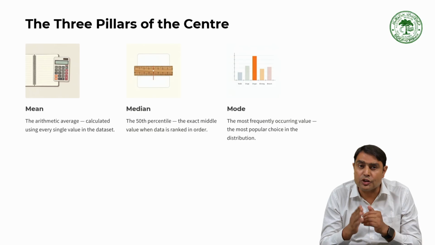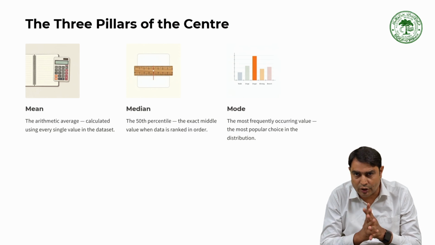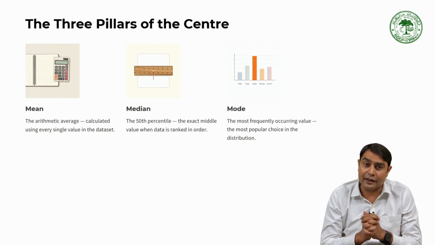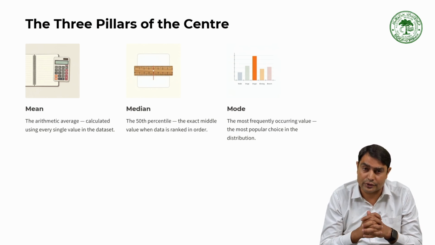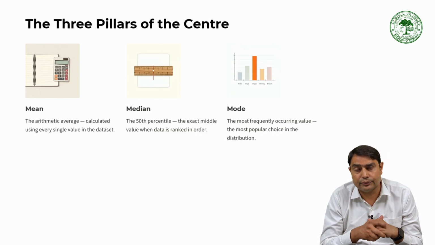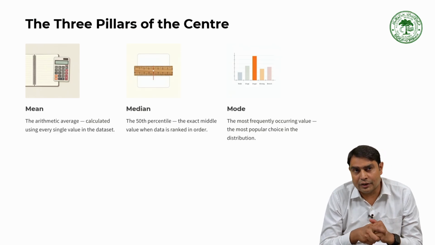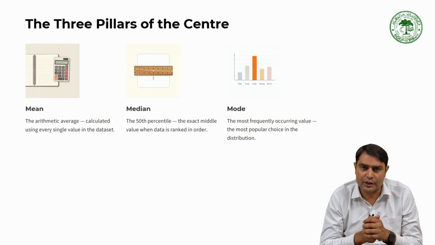The median is a positional value, or a middle value, when the data is arranged in ascending or descending order, and the mode is the most frequent value. It focuses on repetition of the value, or I can say the values with higher frequency affect my mode.